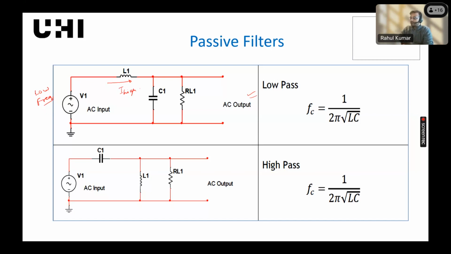Capacitor and inductor are opposite of each other. Inductors allow lower frequencies to pass easily, but capacitors don't. So this current may not pass through this capacitor, but it has an alternate path. It can flow through this output resistance. So low frequencies will pass through this resistor quite easily.